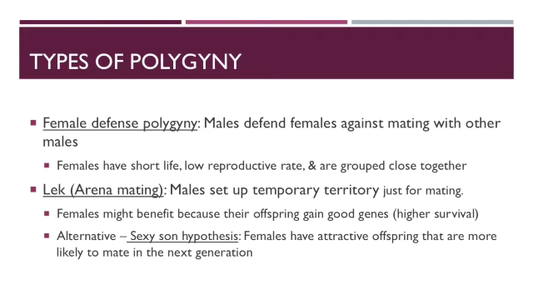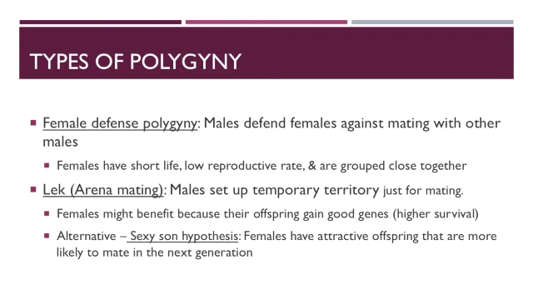Now, there are two different kinds of polygyny that exist. There's more than that, but there are two we're going to talk about. There's female defense polygyny, where males defend females against mating with other males. Males usually protect females and sit near them. This is most common in social insects, and it happens when females have a short life and a relatively low reproductive rate.